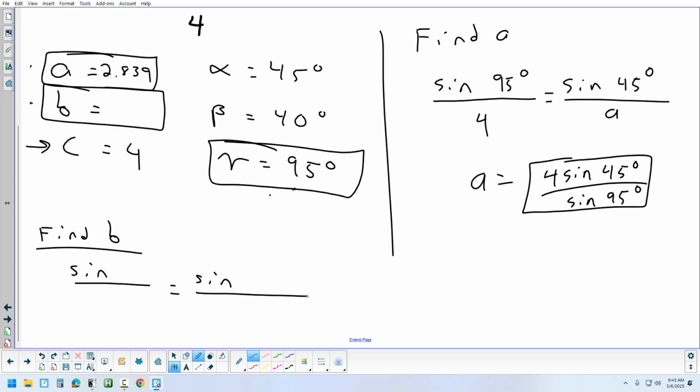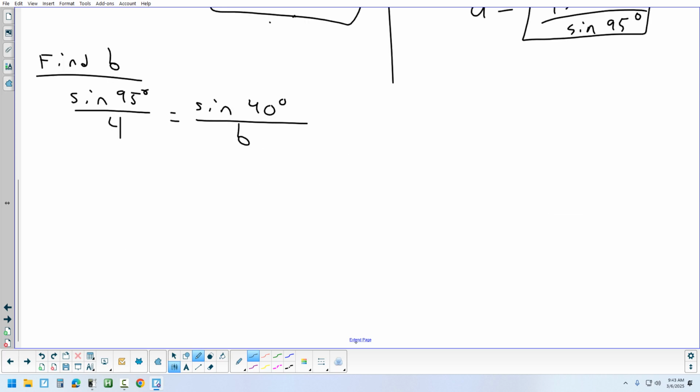Okay, yeah, sine gamma over c, sine 95 over 4. Somebody else tell me what's going to go on the right. And remember, we're trying to find B. Sine 40 over b. Yep. So you're going to cross multiply, and you're going to get 4 sine 40 over sine 95.